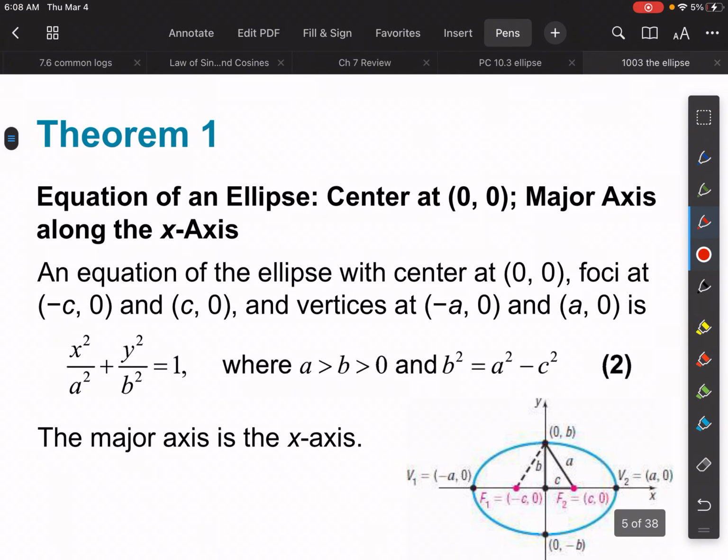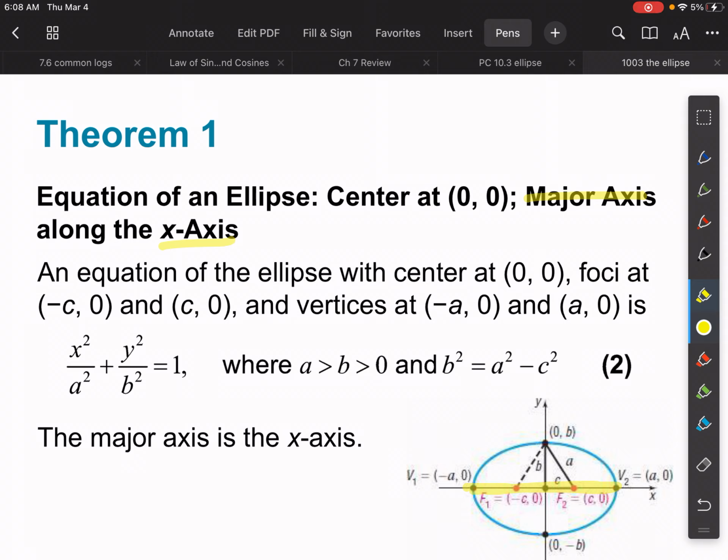So theorem one is, here's an equation for an ellipse. Now notice, there are a couple things I need to highlight here. This is when the major axis, the longer of the two axes, is along the x-axis. This is an equation of the ellipse with center at (0, 0), so we're only looking at centers at (0, 0) right now.